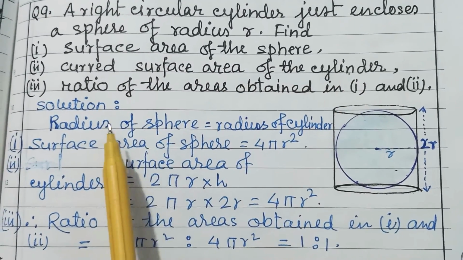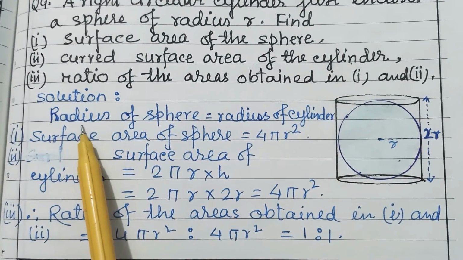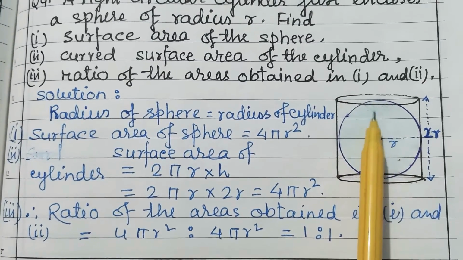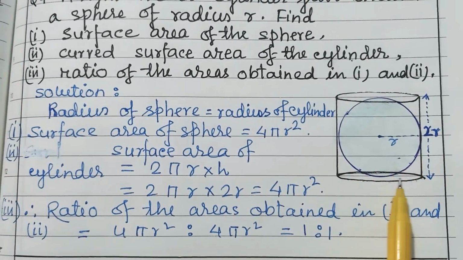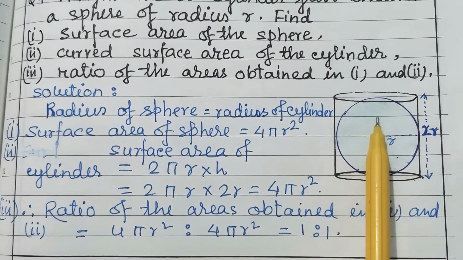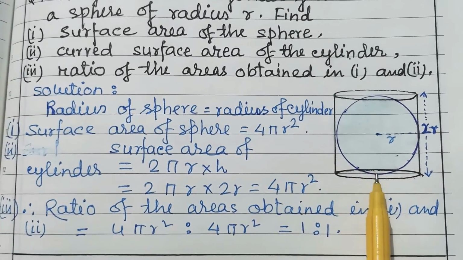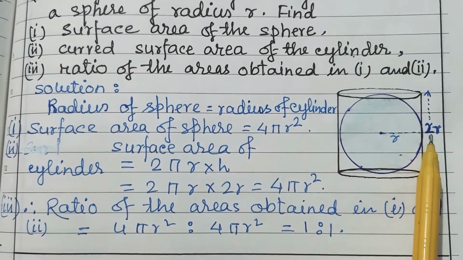Now the radius of the sphere is equal to the radius of the cylinder, and the height is r plus r, that means the diameter is equal to the height of the cylinder. So it is 2r.